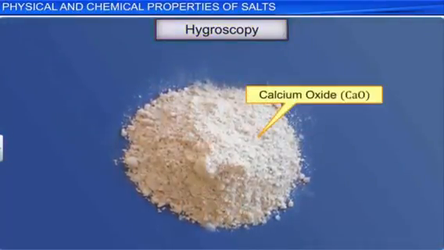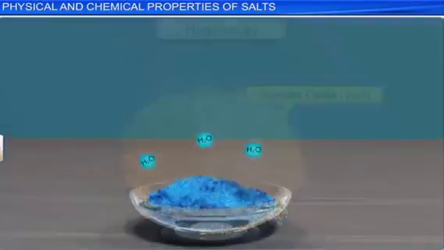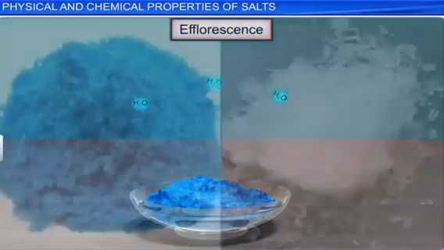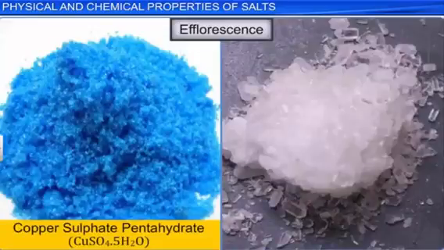Another general property of salts is efflorescence. It refers to the loss of water of crystallization, partially or completely from a hydrated salt when exposed to atmosphere. For example, copper sulfate pentahydrate or blue stone and magnesium sulfate heptahydrate or Epsom salt.